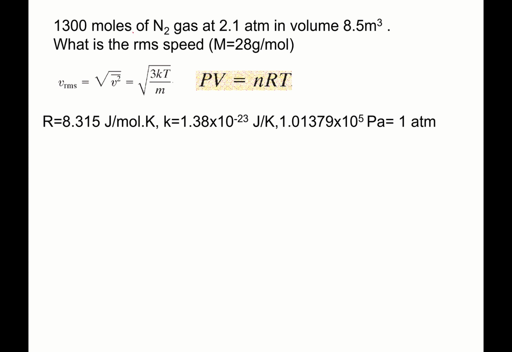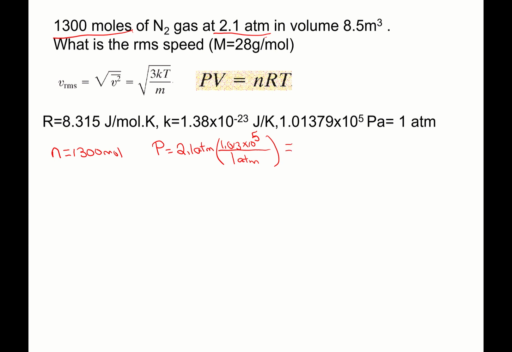Let's gather from the problem. 1300 moles, the symbol for moles is little n. 2.1 atmospheres, that's a pressure, and we've got to put that pressure in pascals, so let's do the conversion right away. 1 atmosphere is 1.013 times 10 to the plus 5 pascals.